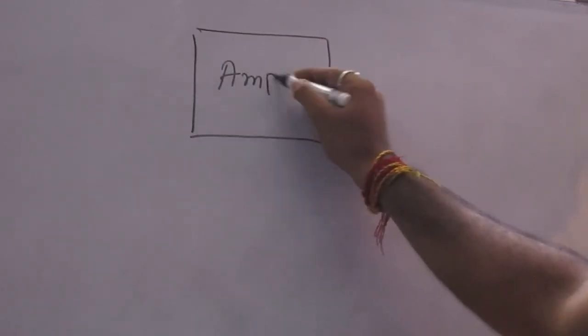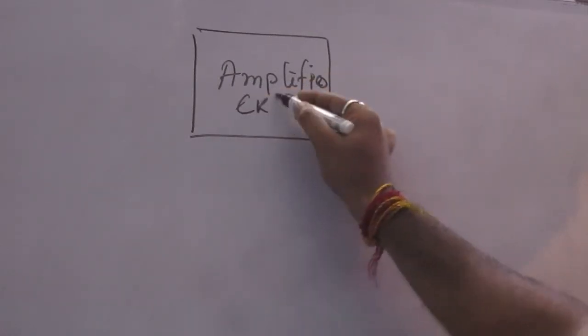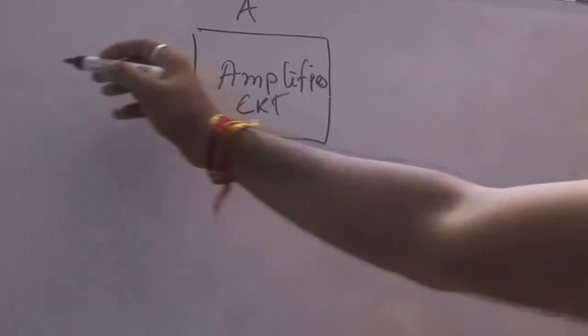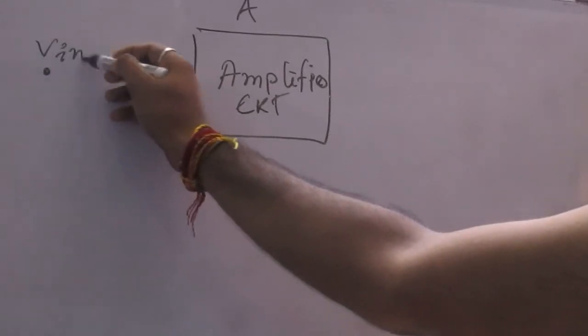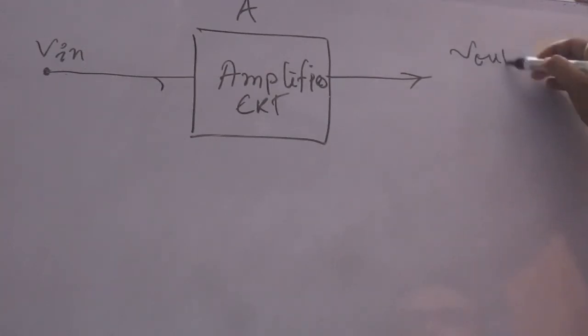Let us talk about a general electronic circuit containing an amplifier. So the circuit may be termed as amplifier circuit. Let us suppose this is the amplifier circuit with the amplification factor A. And this is the input source, V input, and in this way V output is collected.